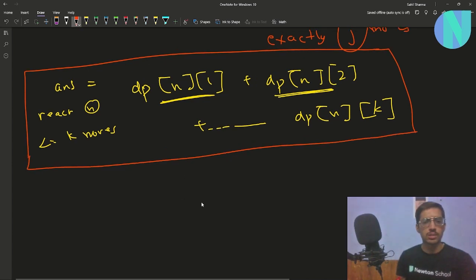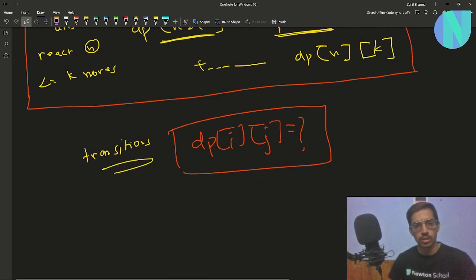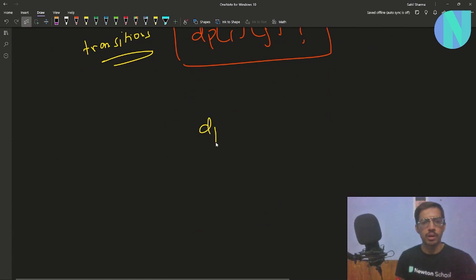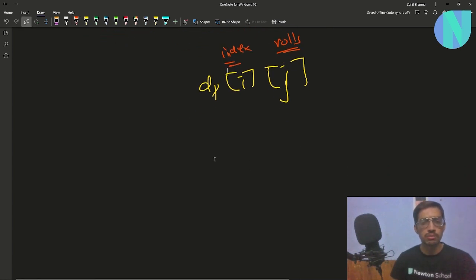So now the main concern is, how do I compute DP of i, j? I have to find the transitions for DP of i, j now. If in my current step I am at DP of i, j, it means I am at some index i and the number of rolls has been equal to j, right?